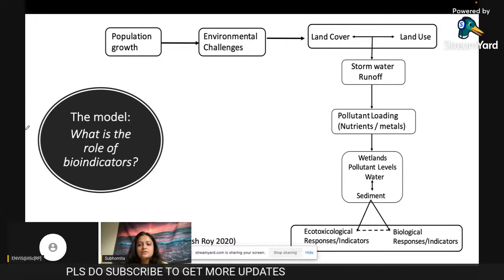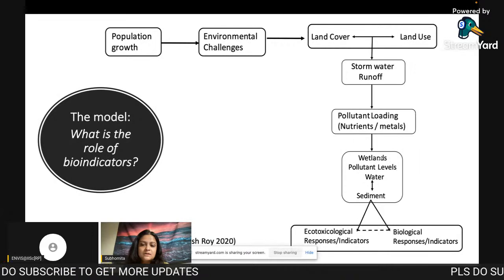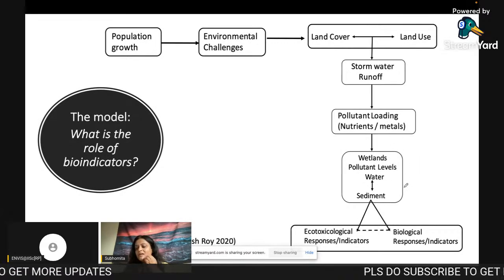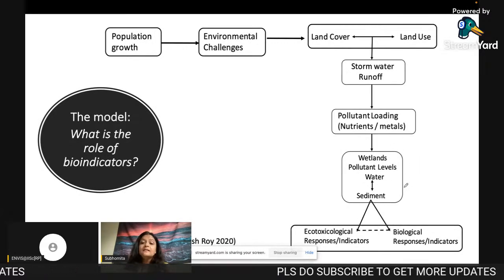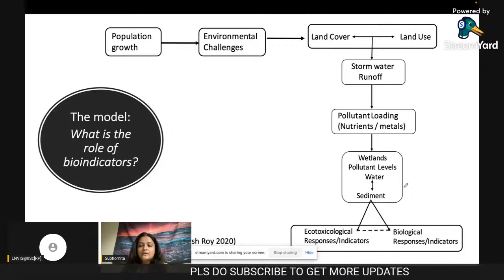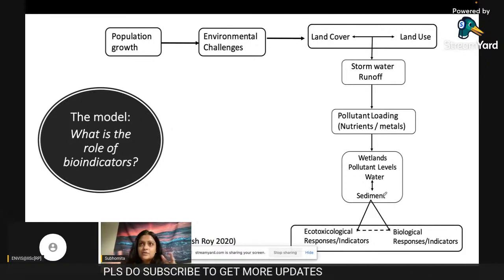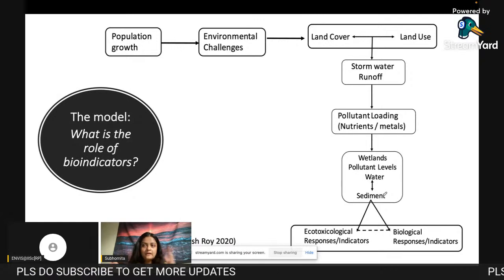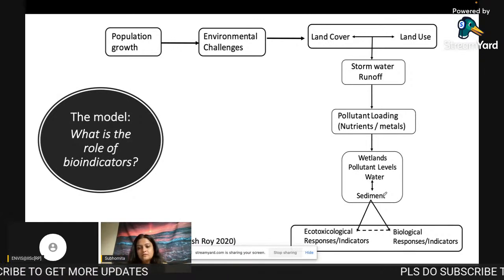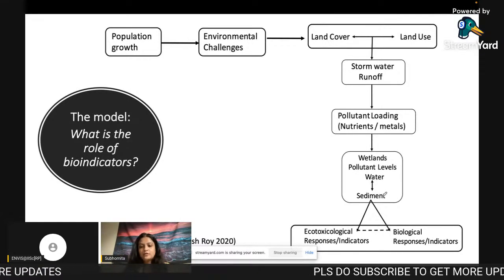For example, wetland. Wetland is one of the major ecosystems that I have studied. In that way, the wetland water and the sediment can both get contaminated. And in order to measure that, I have used two different types of bioindicators, coming from two different trophic levels.